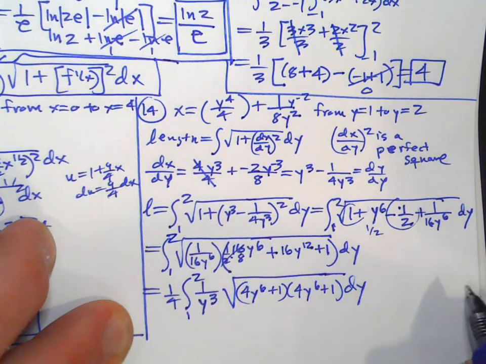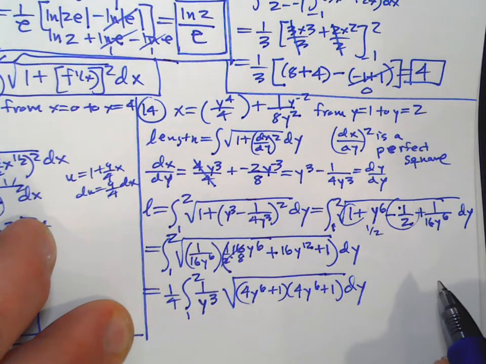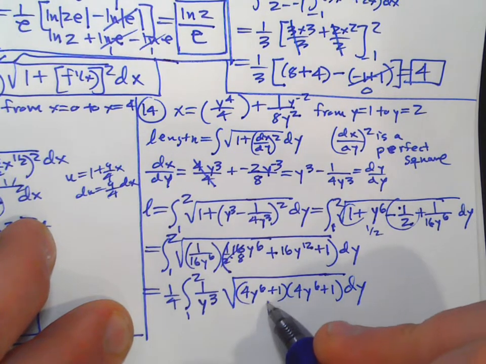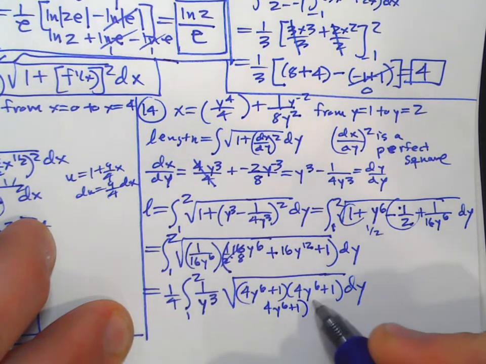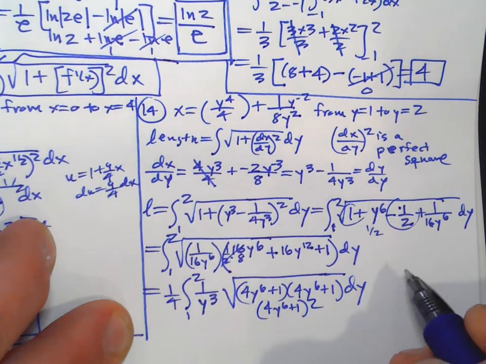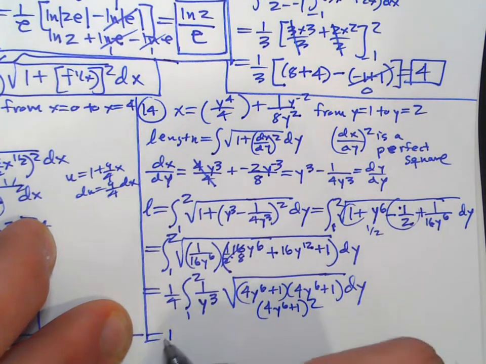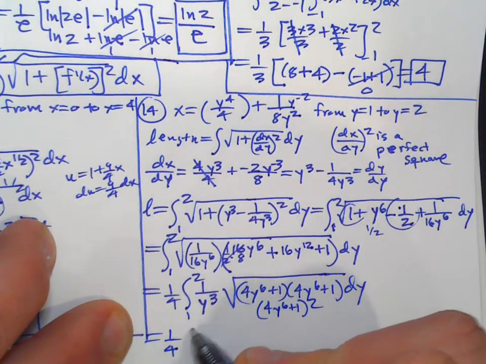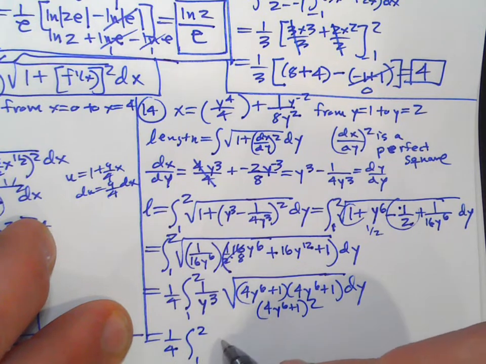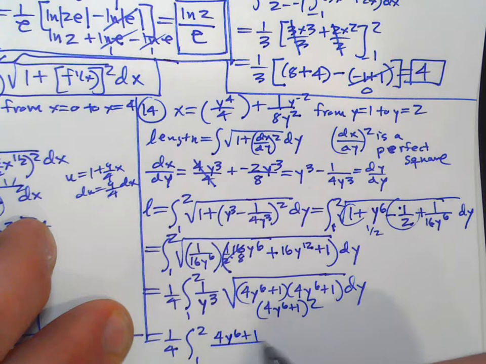This is bad. Now this is (4y to the 6th plus 1) squared, and you take the square root, they cancel each other out. So now we have 1/4, integral from 1 to 2 of (4y to the 6th plus 1) over y cubed dy. I think we're getting closer.